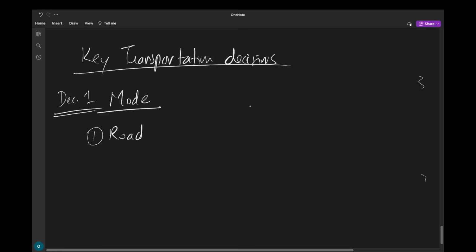Now let's take the different variables: speed, cost, flexibility, capacity.